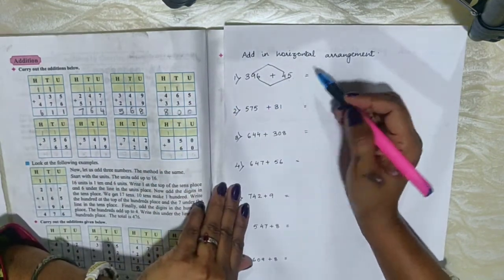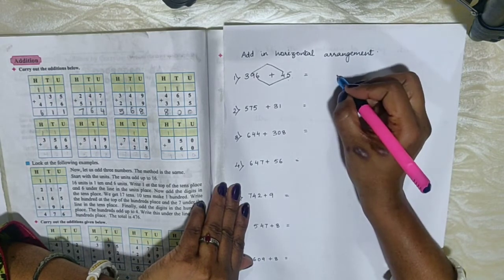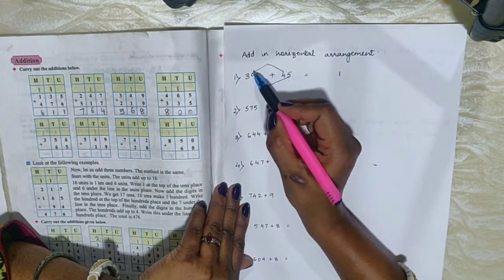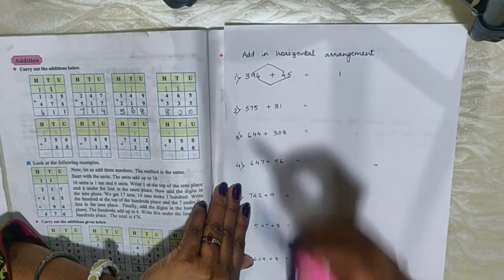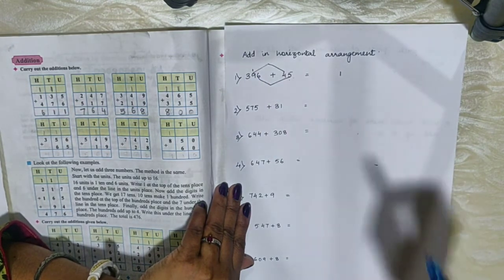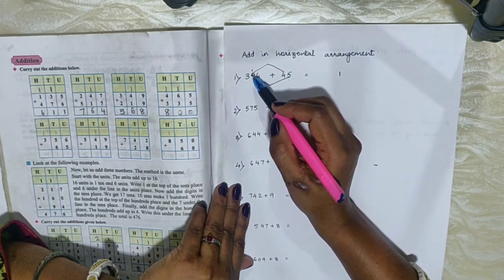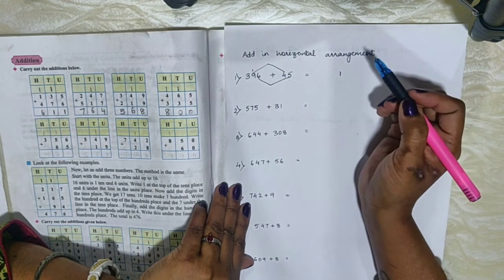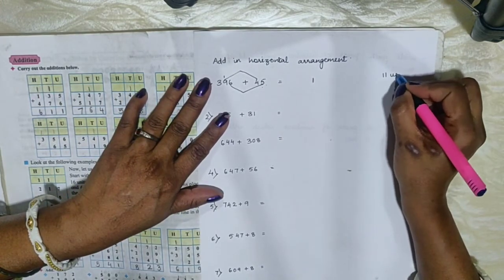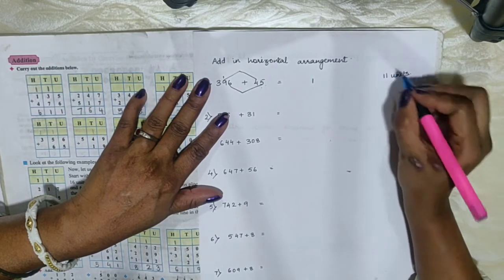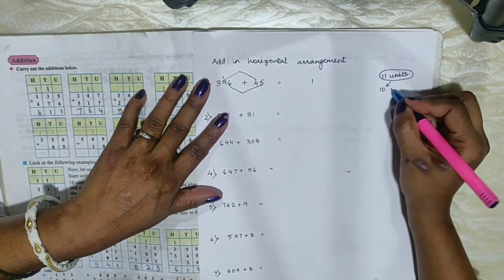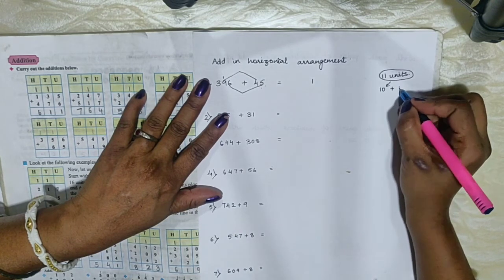So what you have to do, children? See, 11 units. So you can't write 11 here. So you will write 1 here and 1 you will keep in your mind, or you can write it here at 9's place. Because whatever we carry, it goes to the tens place, because 11 units means 10 plus 1.